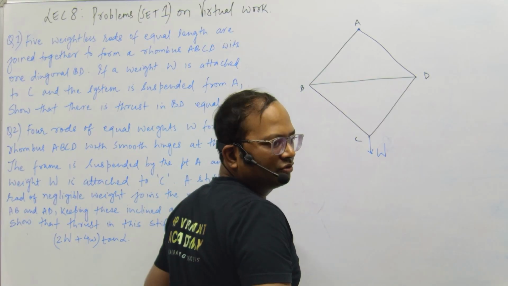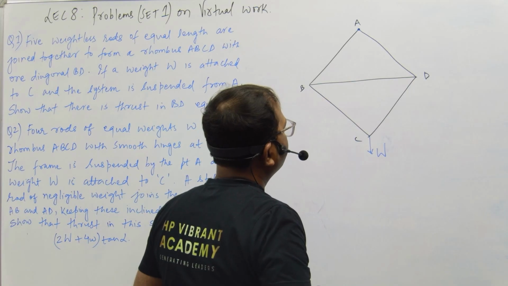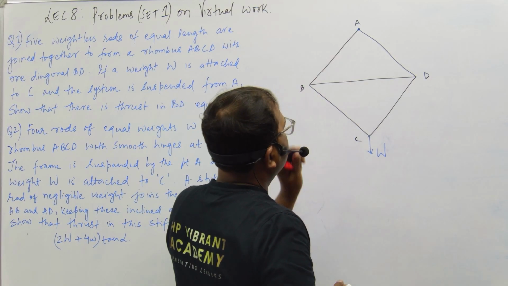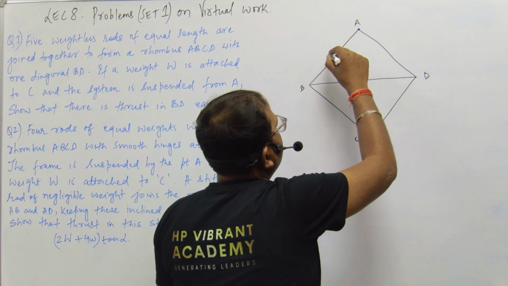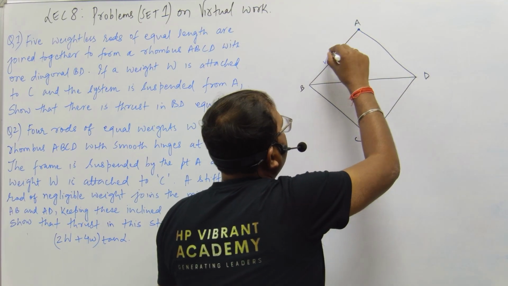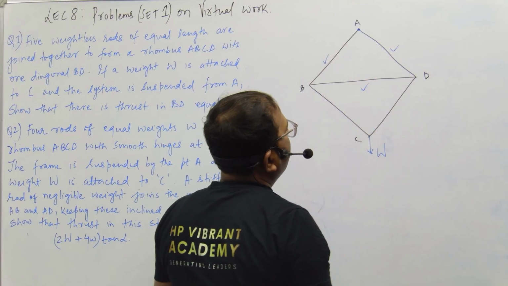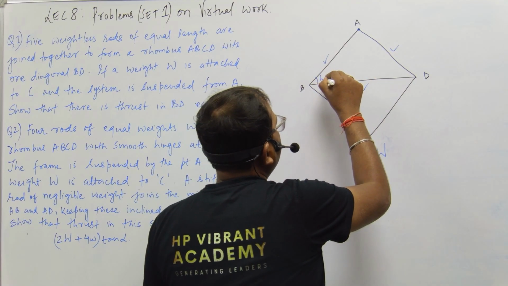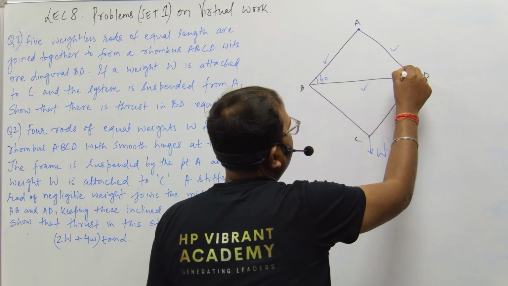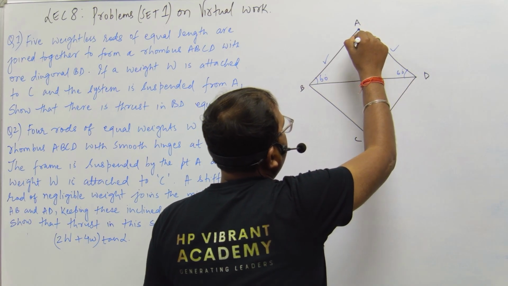Let us analyze this. We have 5 rods, and these rods form an equilateral triangle, so this angle will be 60 degrees, this is 60, and this is 60.